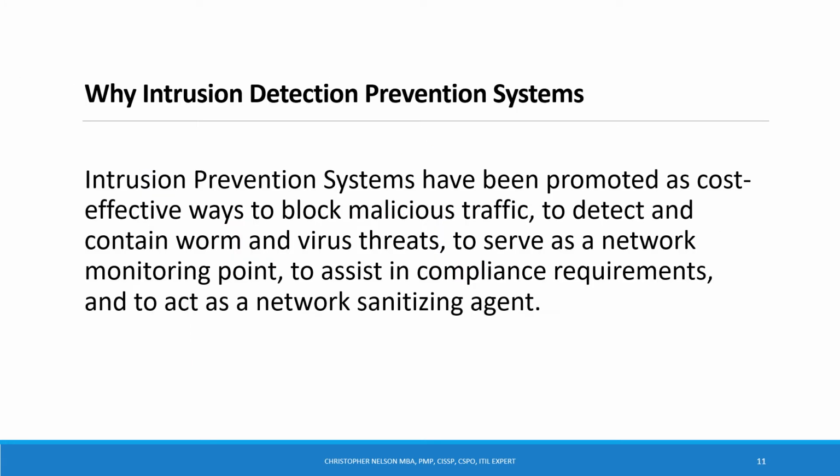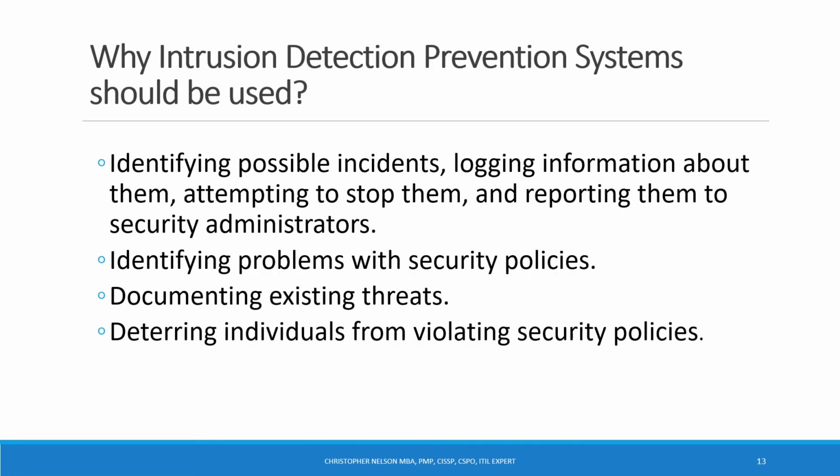Intrusion prevention systems have been promoted as cost-effective ways to block malicious traffic, to detect and contain worm and virus threats, to serve as a network monitoring point, to assist in compliance requirements, and to act as a network sanitizing agent. So why intrusion detection prevention systems?